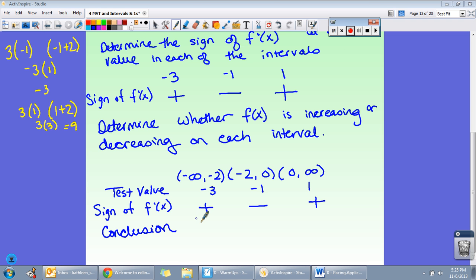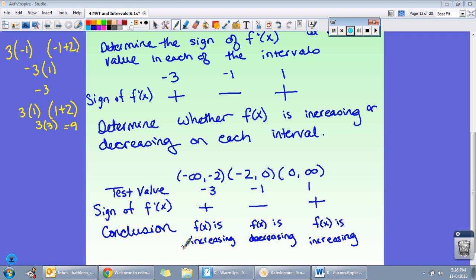I've rewritten the work in a more chart-like form with our intervals, our test values, our sign of the derivative, and then finally we're going to determine on the interval if it's increasing or decreasing. If the slope is positive, we say that f of x is increasing. If the slope is negative, then we say that f of x is decreasing. And again, when the sign is positive, f of x is increasing.